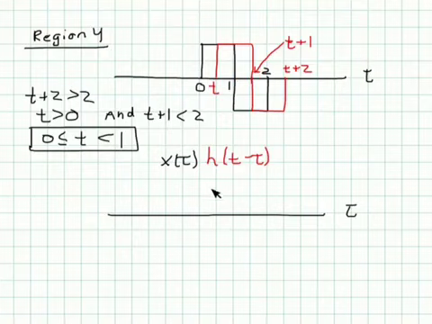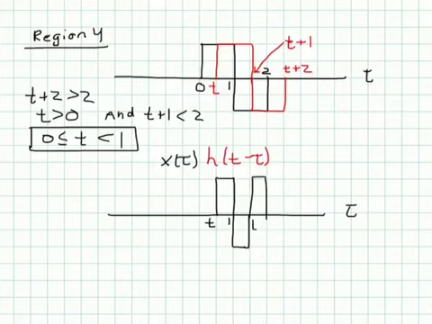It's going to go up at t, and then it'll be equal to minus 1 from t, so it starts at t, it goes down at 1, comes back up at t plus 1, and then the right edge is at 2.